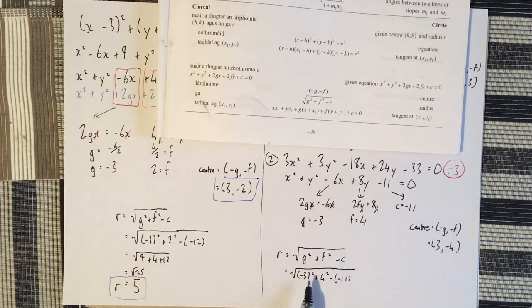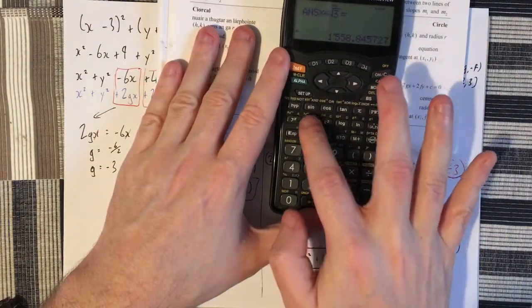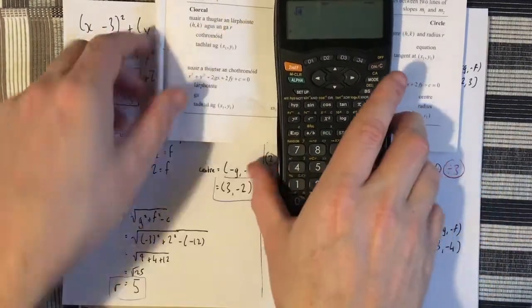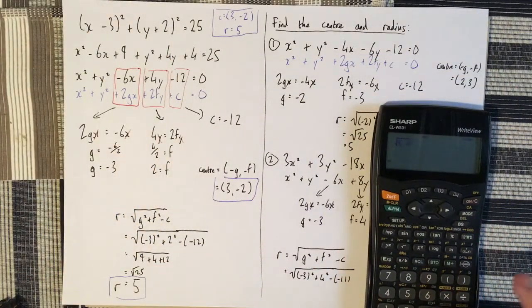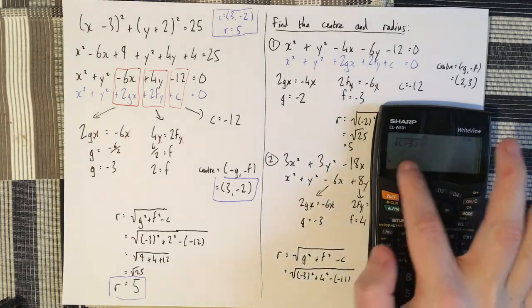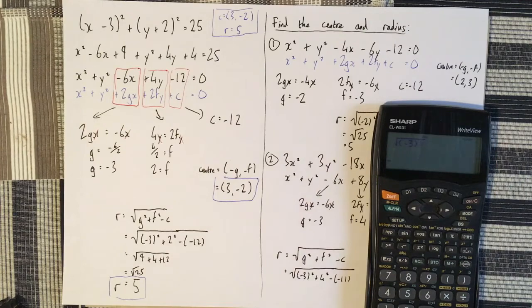So 3 squared, that's 9. So just like I said, you can plug that straight into the calculator if you want. So it's the square root of minus 3 squared. Always be careful when you're squaring negative numbers. That's how you enter it into the calculator. So use the brackets and the squared outside the bracket.